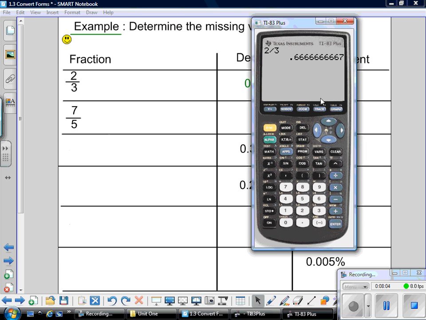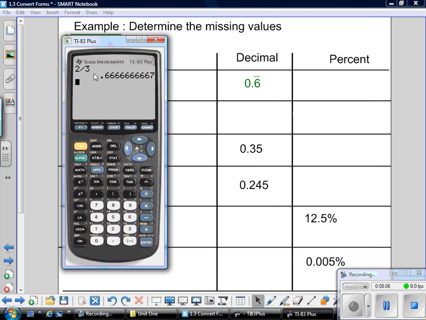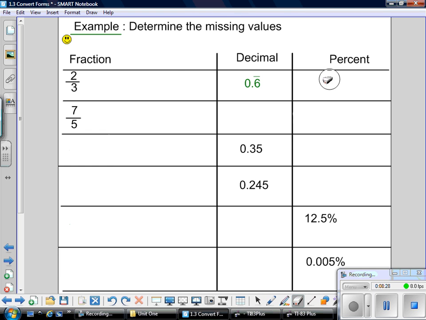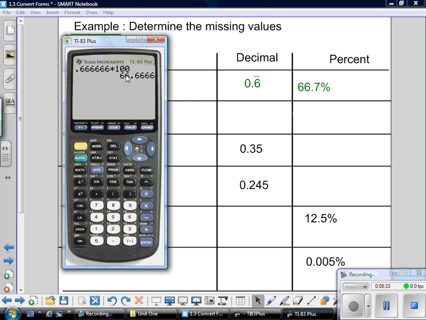So if I'm going to use my calculator, I could use this that I have here, or I could just do a few 6's, then multiply it by 100, and you could see that you end up with 66 decimal, and we'll go to 1 decimal place here. This 6 here is going to make this 6 turn to a 7. So I end up with 66.7%. Okay, so we see that on the calculator. So this second 6 after the decimal place causes the first 6 to go to a 7.